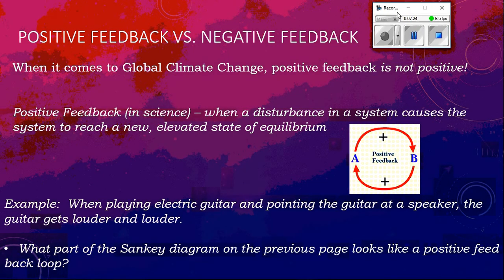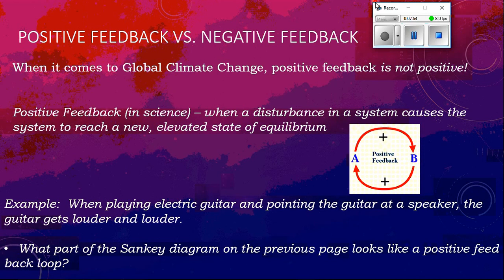So here is the formal definition of a positive feedback loop. You saw this in the Sankey diagram as the absorbed energy of the Earth was re-emitted double what it came in as, and in turn created an elevated amount of heat that was trapped between the atmosphere and the surface of our planet.